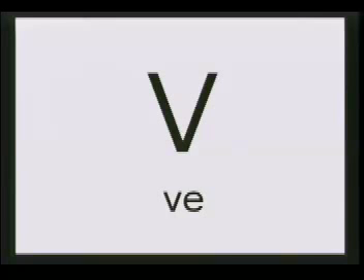However, the V in English, if you say a letter V, V, you can feel a little bit of air going through your lips. In Spanish, it would be a similar sound without the air going through your lips. V, V.